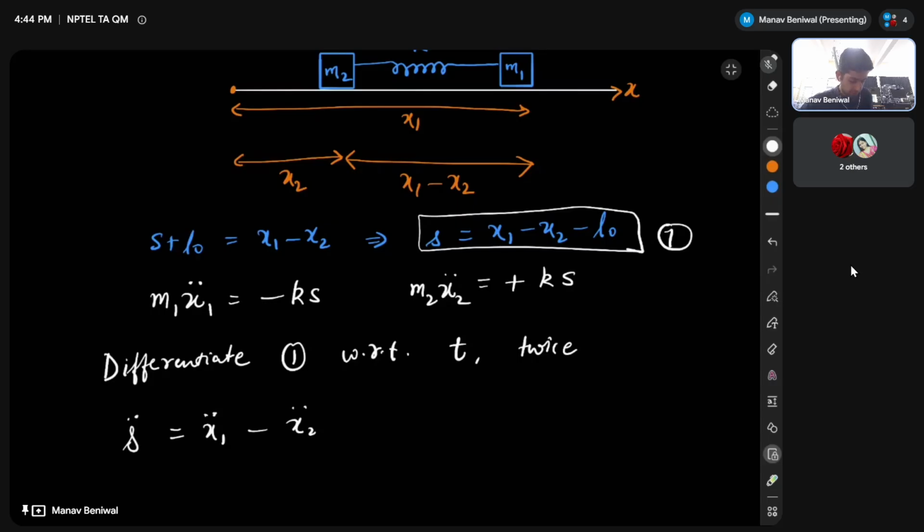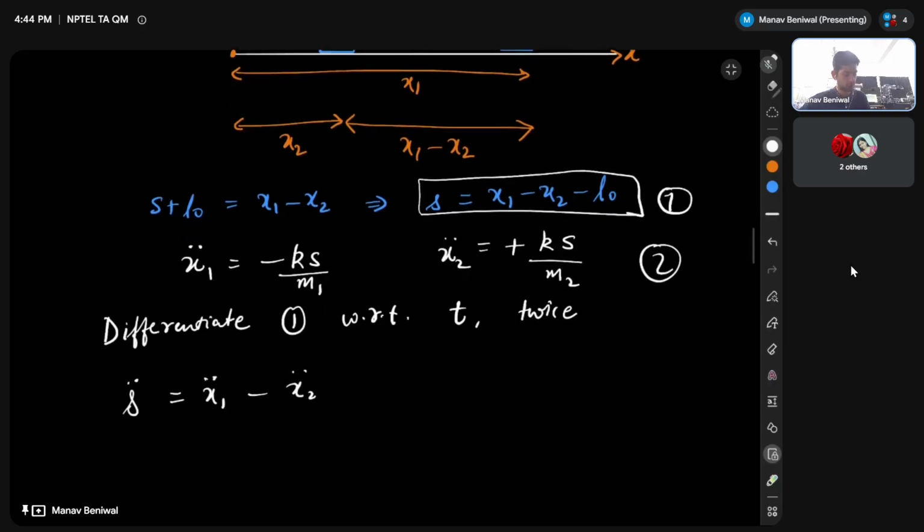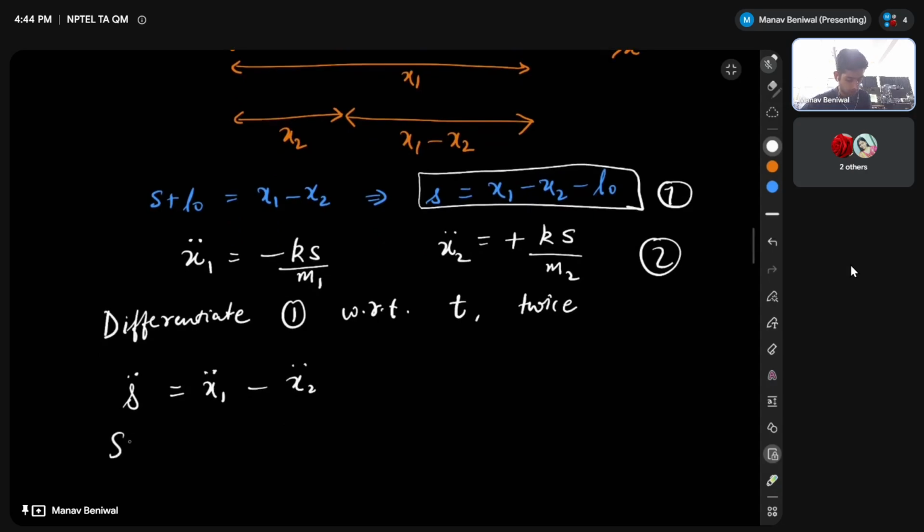Now we divide the first equation by m1 and the second by m2. Substituting equation 2 here, we get s double dot is minus k over m1 s plus k over m2 s.